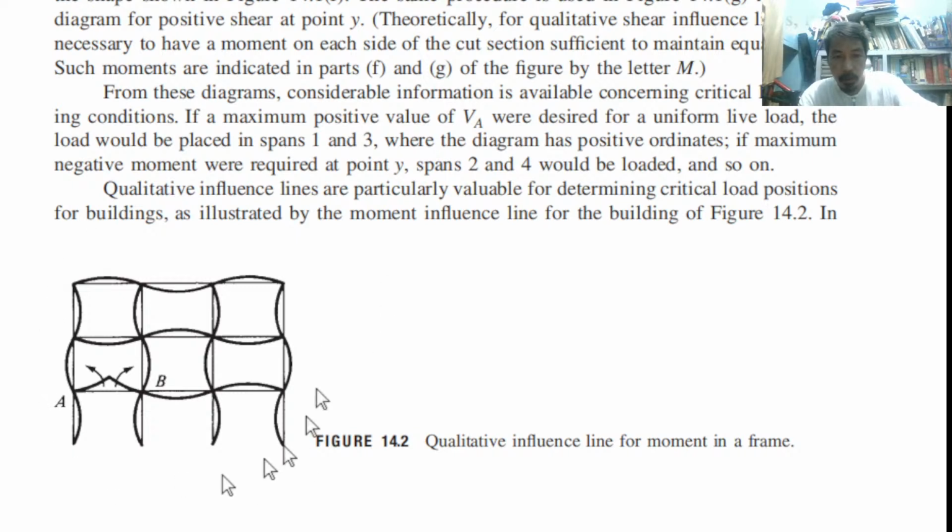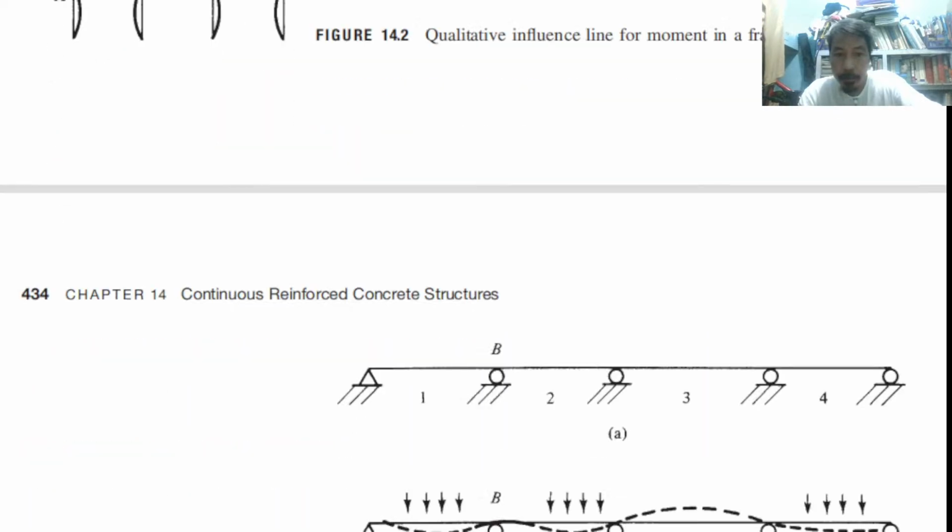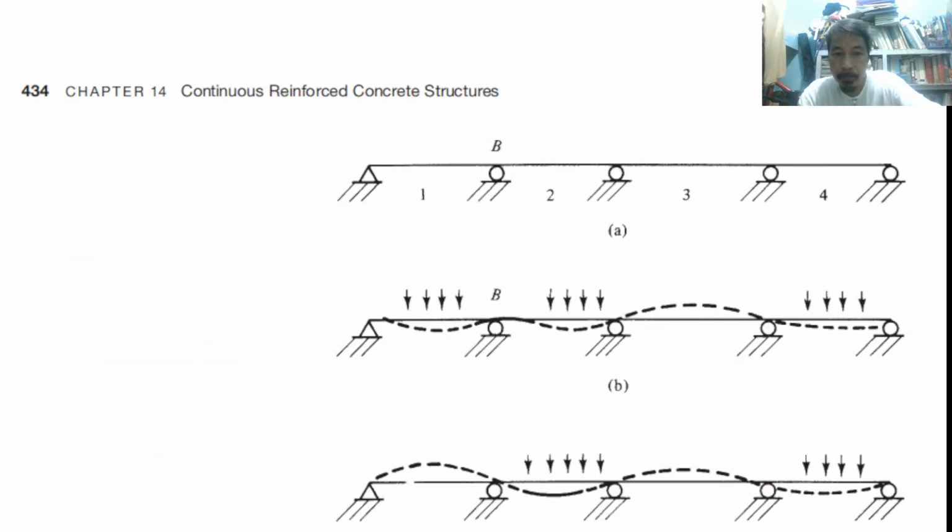And take a look at this influence line for a moment in a frame like this, as much as for a beam. Just like that was shown a while ago. So like this, load positions for maximum moment.